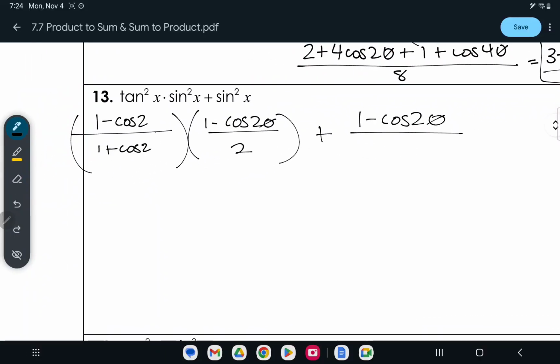Just because the original problem is in x, I will use x.